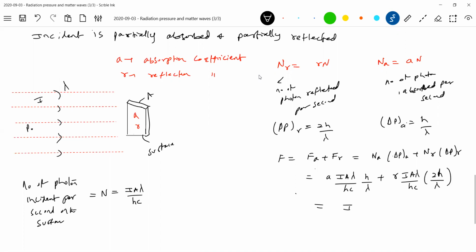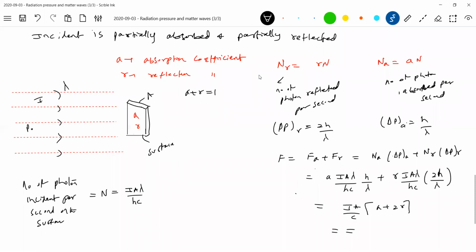Solving this, we get I A by C times (A plus 2R). And we know A plus R should be equal to 1. Usually if you know any one quantity, you can find the other. For any surface, this is a generalized equation: the sum of the absorption coefficient and the reflection coefficient should be equal to 1.